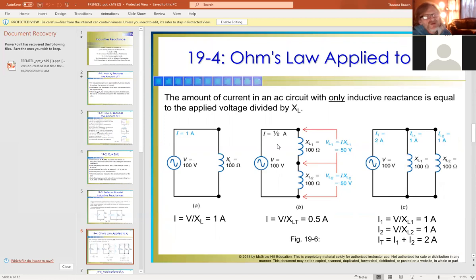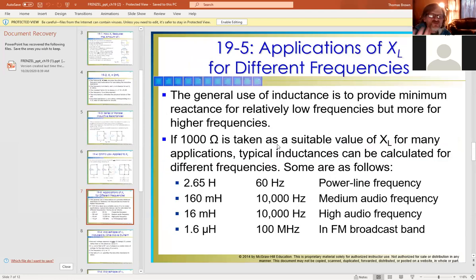So pretty straightforward overall. Like I say, the only really new things that we're going to be dealing with are the concept of the inductor and the new formula of X of L equal to 2 pi FL. Everything else, we're just building on what we've learned previously with AC. So he has some very generic examples of what kind of frequencies we can expect.